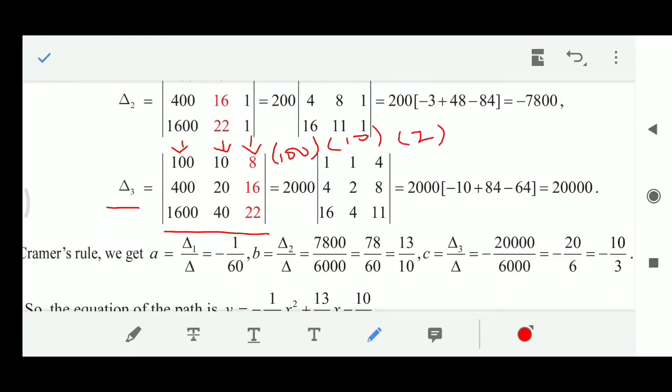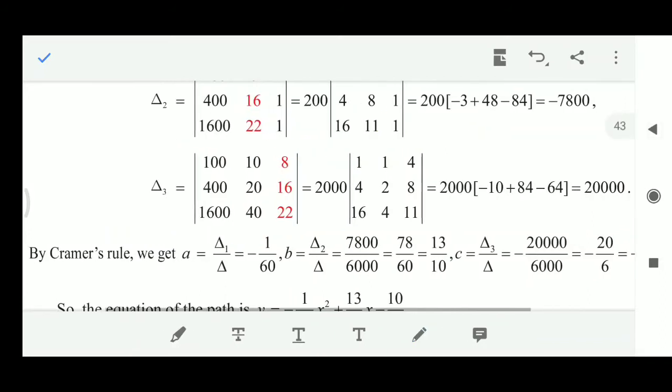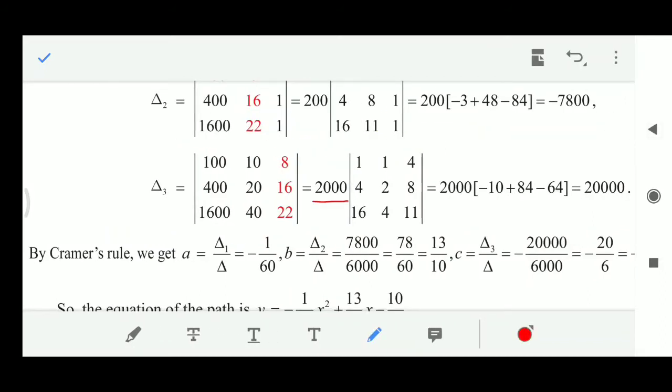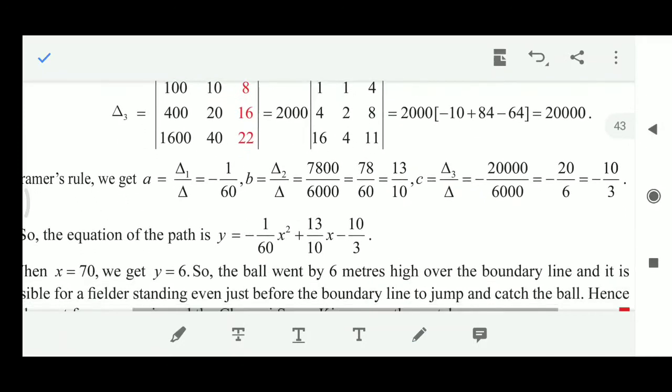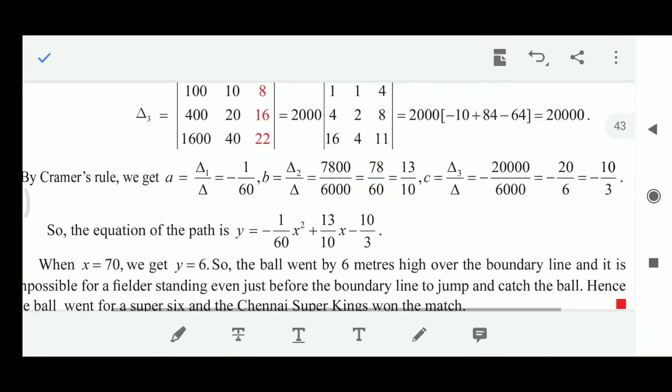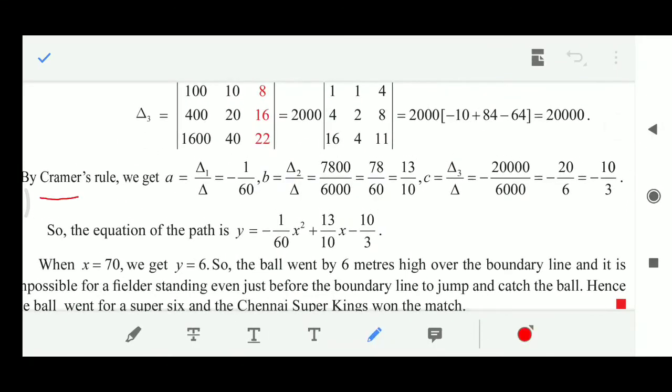So 2000 into the remaining determinant 1, 1, 4, 4, 2, 8, 16, 4, 11. If you expand this, you will get the answer as 20,000. Now we have the values of delta, delta 1, delta 2 and delta 3. Using these values, we can get the values of a, b and c.